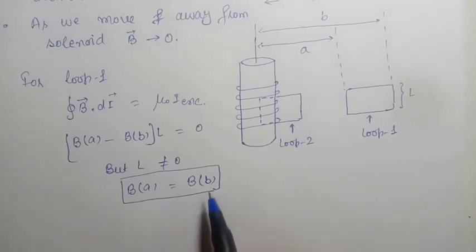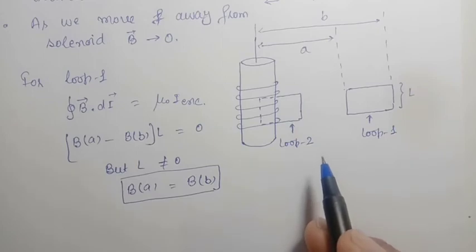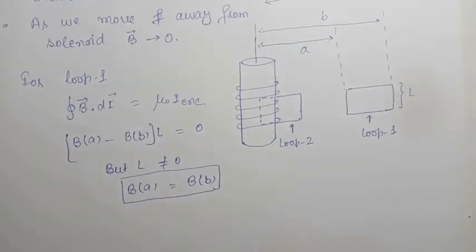And the second point is, as we move away from the solenoid, the magnetic field approaches 0, or we can say it must be 0 everywhere here.